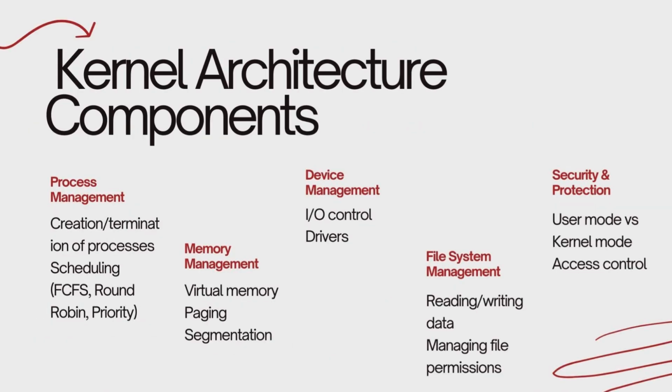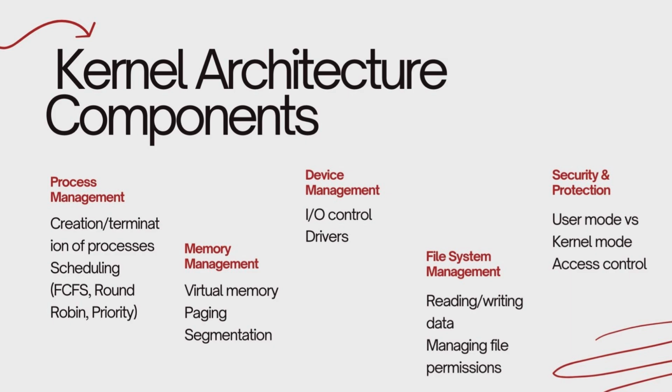The kernel architecture and components. The kernel is built from several working parts. Process management controls how every program starts and stops, and how they share the CPU using rules like scheduling, such as round robin and FCFS. Then memory management handles both real memory and virtual memory.